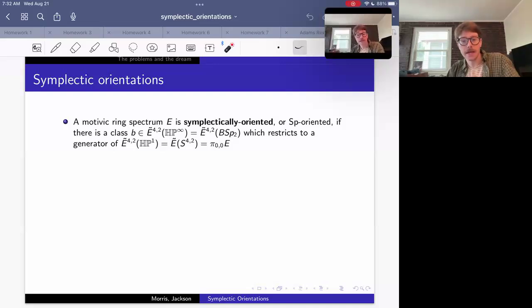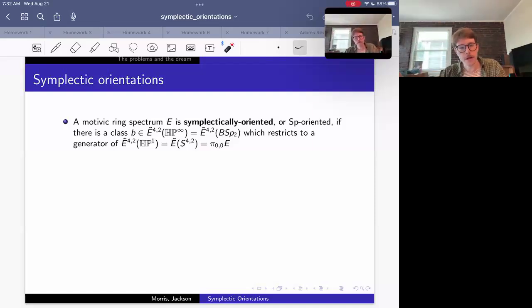If there's a class in H42 of HP infinity, so quaternionic projective space, which is BSP2, which restricts to a generator, again, of pi 0,0 of E. But the idea is that HP1, the object which should be classifying symplectic line bundles, this is S42. We're just bumping up the dimension a little bit higher here.